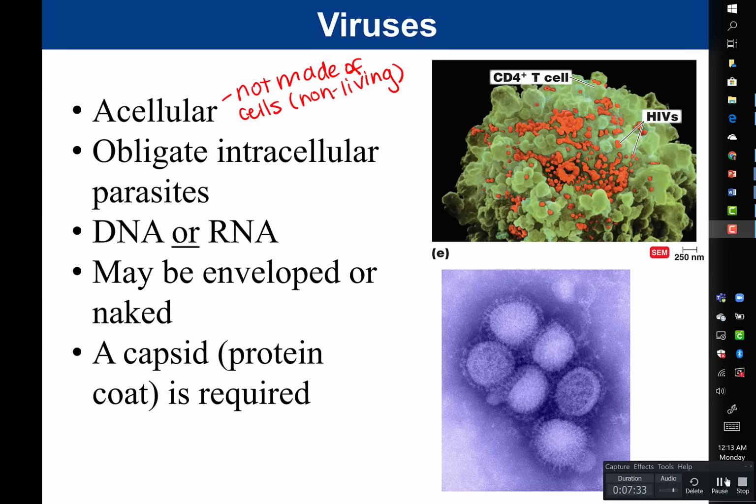In terms of its genetic information, DNA or RNA, but not both. Now, this is different because our cells and all of the other organisms that I had talked about previously, they store their genetic information as DNA. We store information as DNA, and RNA is used kind of as the messenger. But DNA is the way that we store it.